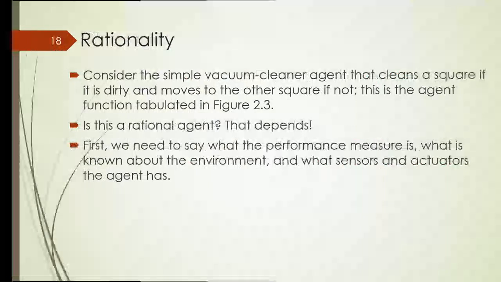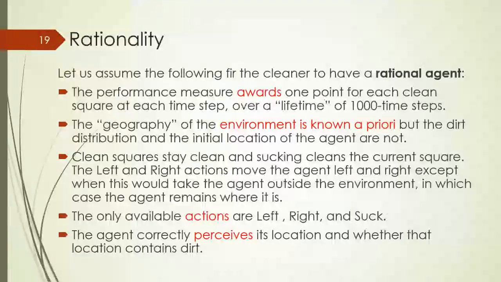Let us assume the following for the cleaner to be a rational agent. The performance measure awards 1 point for each clean square at each time step. So we are going to give 1 point of reward for each square per time step over a lifetime of 1,000 time steps.